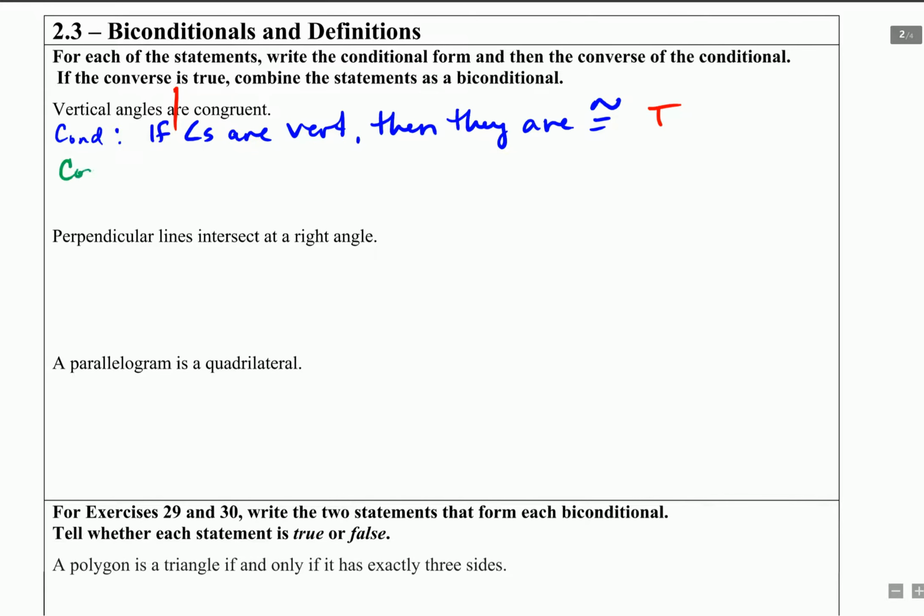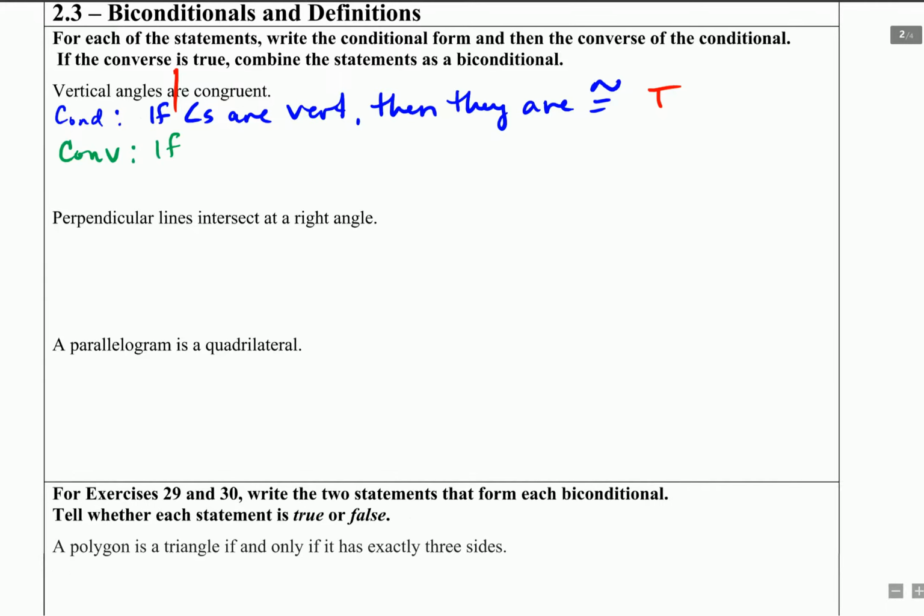So now let's write a converse. So we switch it around. If angles are congruent, then they are vertical angles. True? Well, we know that vertical angles are formed when lines intersect. So we have these also top to bottom. So we've got our vertical angles are congruent.